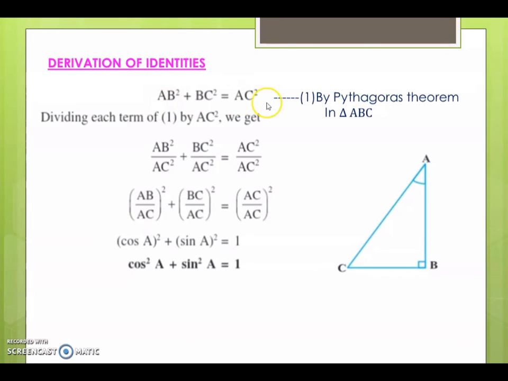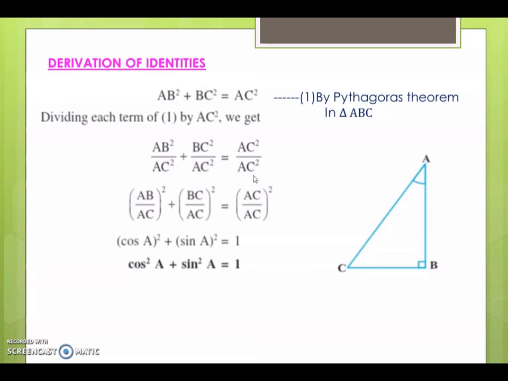Now if we throughout divide this equation by AC square, then we will get AB square by AC square plus BC square by AC square is equal to AC square by AC square. So we are dividing throughout by AC square. So we will get AB by AC the whole square plus BC by AC the whole square is equal to 1. AC square and AC square will get cancelled.